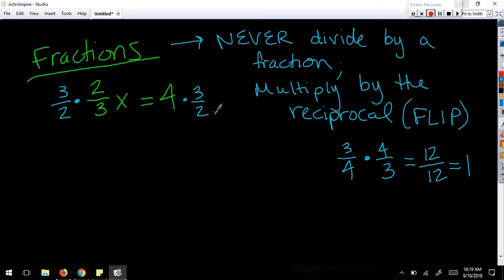I've got a whole number, I can make that a fraction easily, right? These we know cancel. Reciprocals give you 1. They cancel out. So x equals, what's on top? 12. What's 12/2? 6.